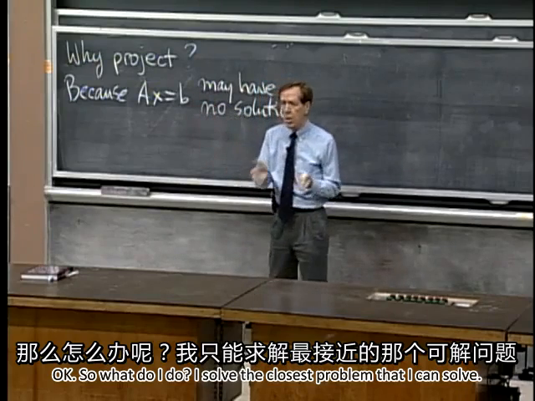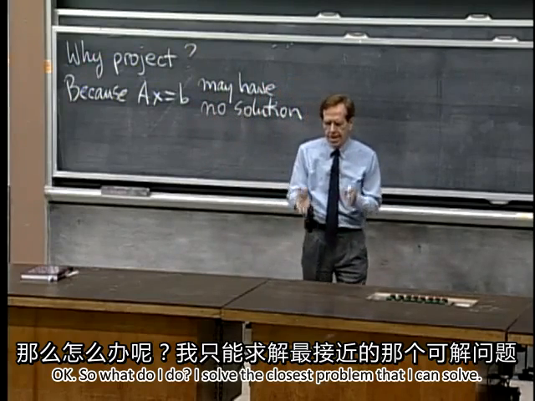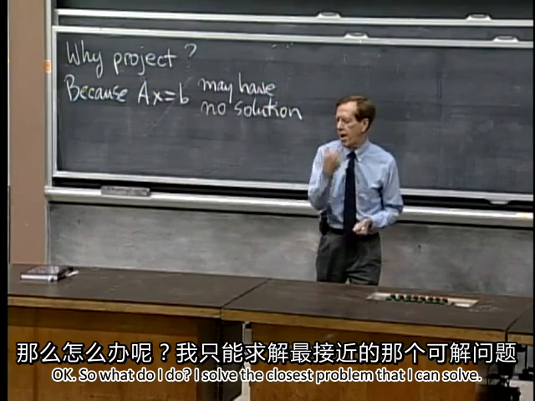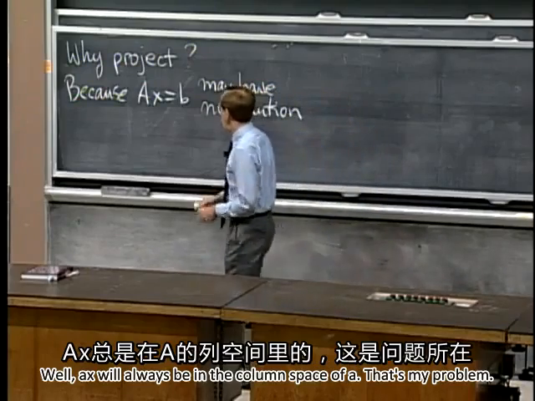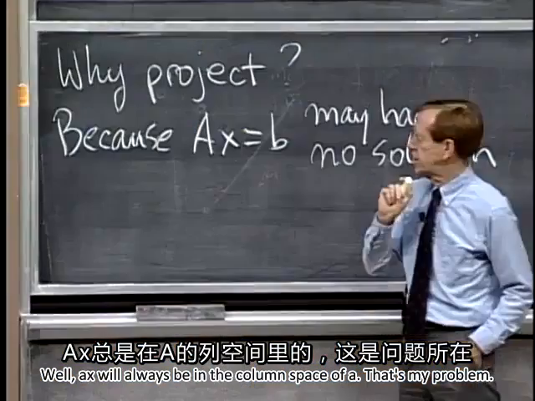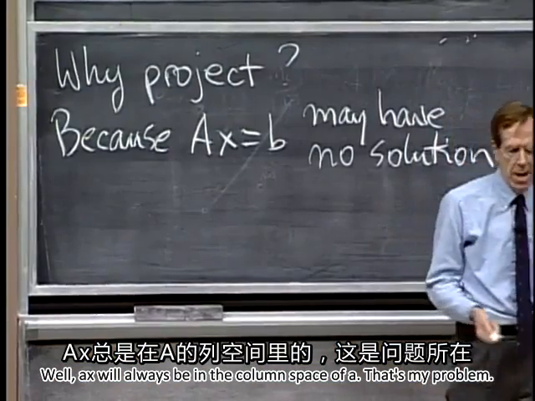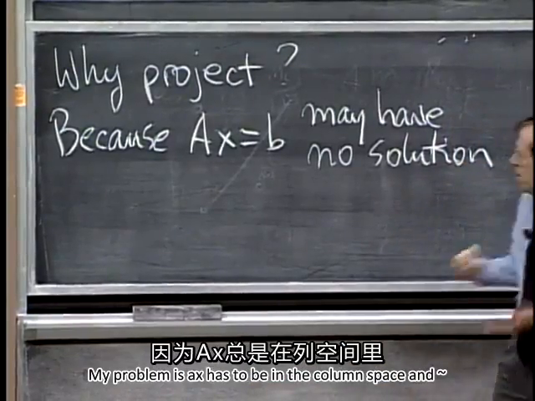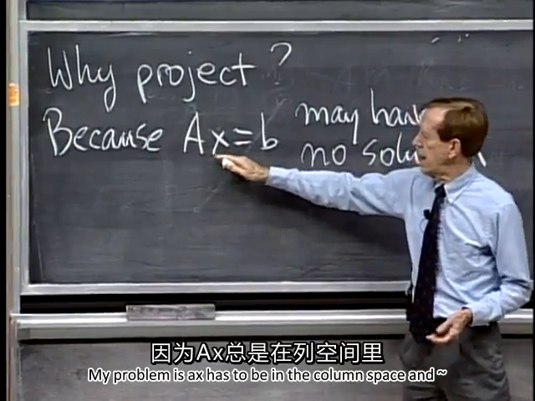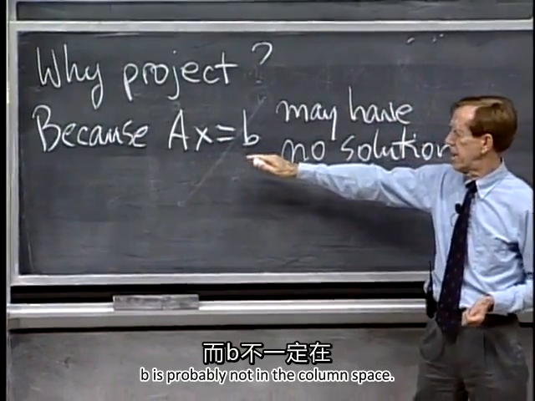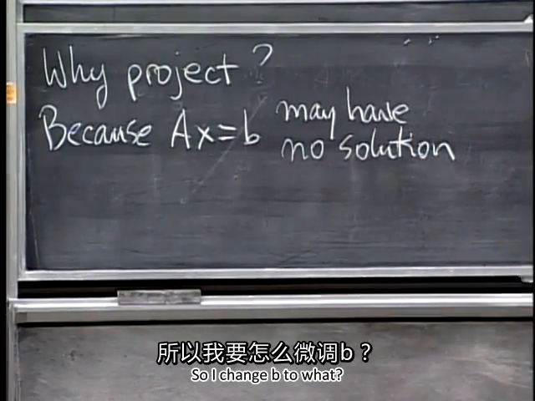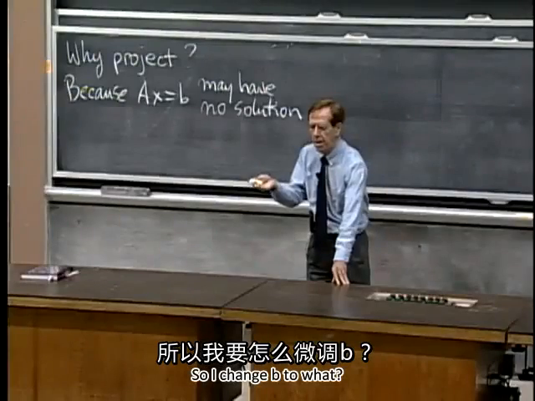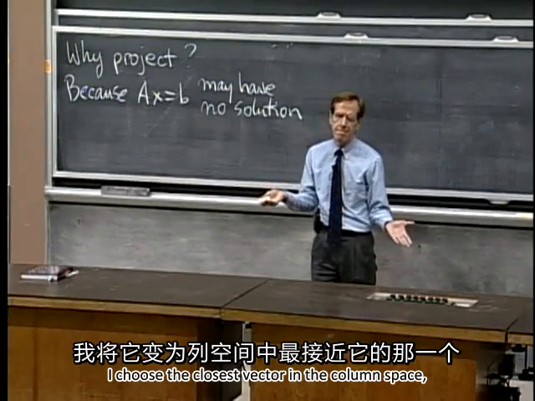So what do I do? I solve the closest problem that I can solve. And what's the closest one? Well, AX will always be in the column space of A. That's my problem. AX has to be in the column space, and B is probably not in the column space. So I change B to what?